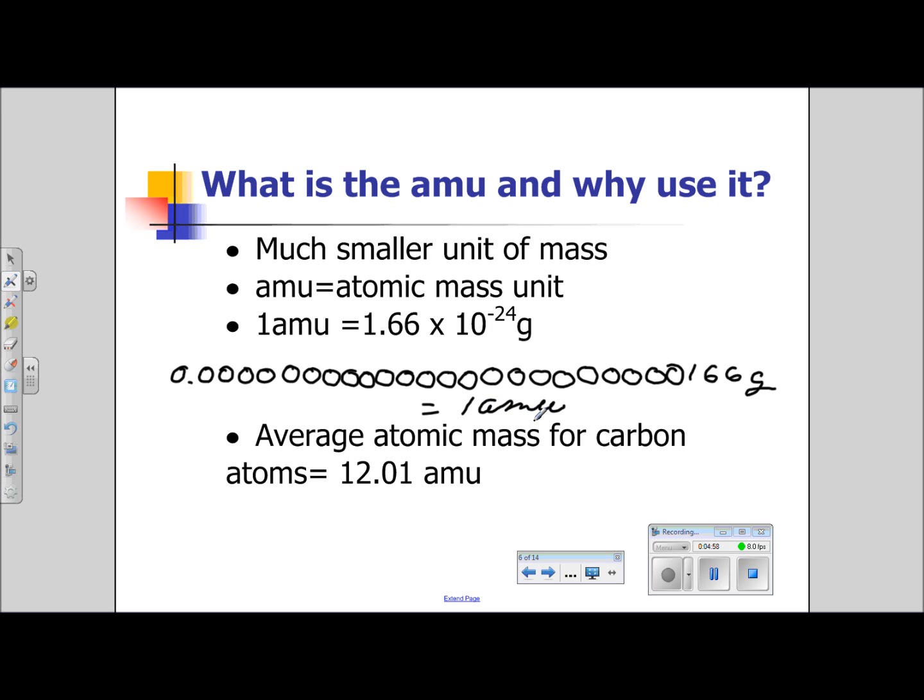This would be much easier to work with. To give you an example, the average atomic mass for carbon atoms is 12.01 AMUs. In other words, one atom of carbon has a mass which is equal to 12.01 AMUs.